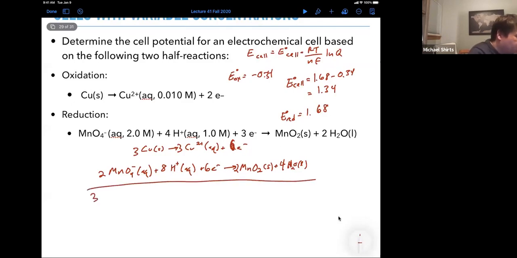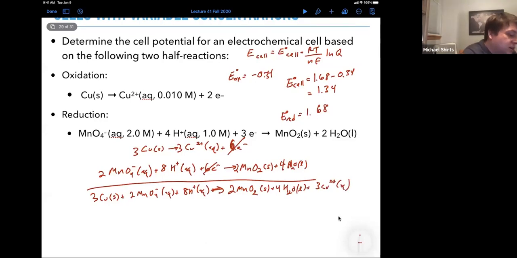We get 3 Cu solid plus 2 MnO4 minus aqueous plus 8 H plus aqueous, now the electrons cancel out, so this goes to 2 MnO2 solid plus 4 H2O liquid plus 3 Cu2+ aqueous. So that's the total reaction.